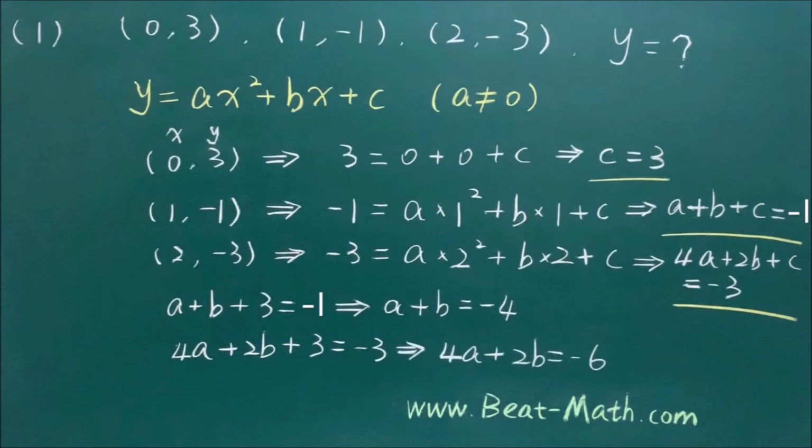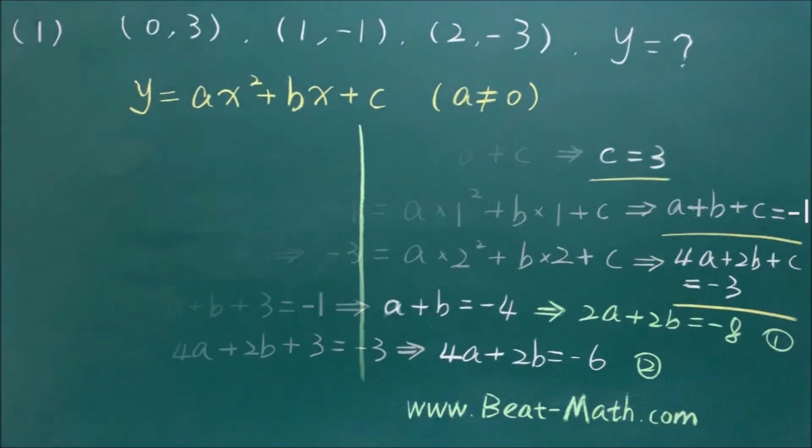Does it look familiar? Well, that's because we've already learned these two methods to solve these kinds of equation systems: elimination and substitution. You can check out the link in the description if you want to get a warm-up. Here we will use the elimination method to solve this equation. Multiplying 2 on both sides of the first equation, we get 2a plus 2b equals -8.